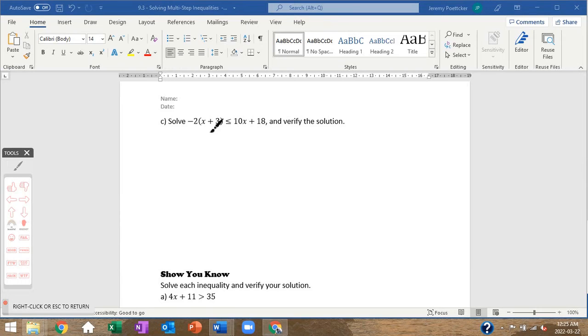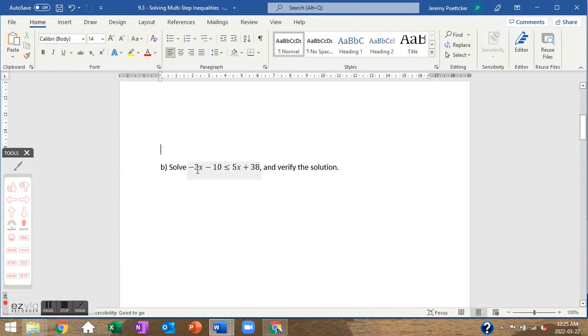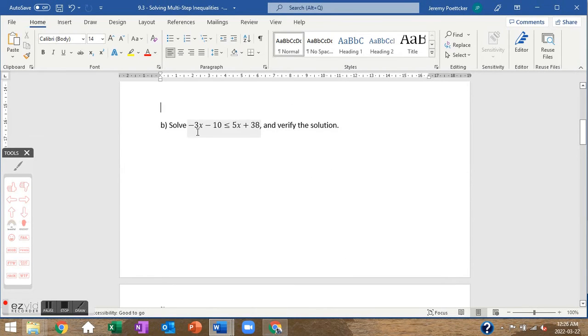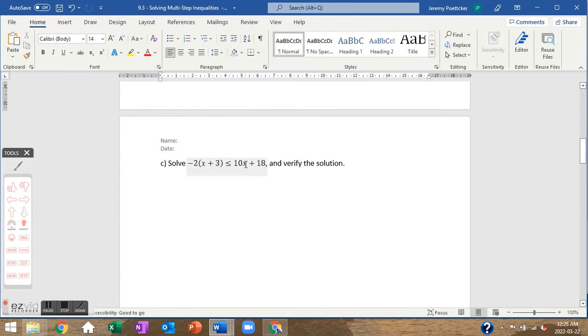Most likely the way most people will do this is they will do the distributive property first, right? Negative 2 times x, negative 2 times positive 3. And then you've got a question that's going to look very similar to what we just dealt with, right? It's going to be a variable and a constant, variable and a constant. Go ahead and solve.